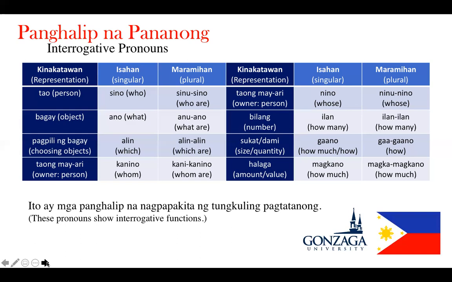Sino-sino, because that one is plural already. Very good. If you notice, the words are just repeated, but the spelling is different now. For the first one, you change it to U for those ending with O, and then you retain the spelling for the second word.